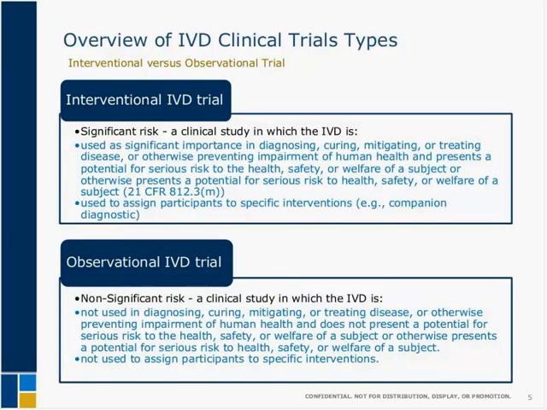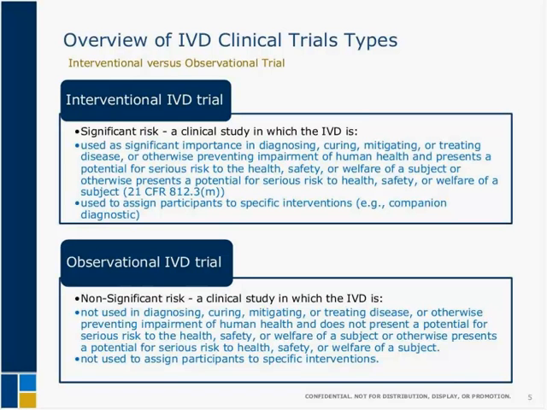An observational study is simply everything that is not a significant risk interventional study. So it's not used for diagnosing, curing, or mitigating a disease, and it's not used to assign a patient to a specific treatment arm. So you can see that the interventional is using investigational results to actually treat the patient.